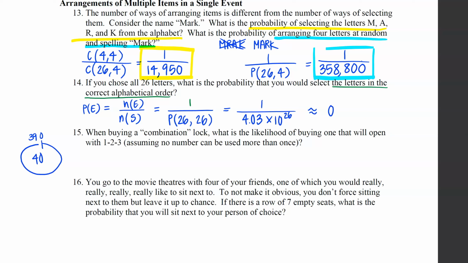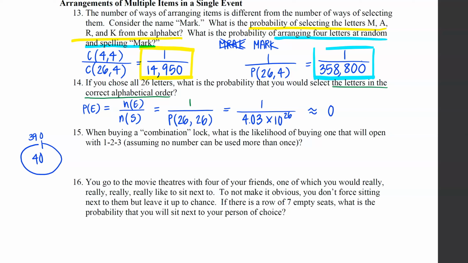Again, there are some combination locks that have very specific rules, such as you can't have all even numbers or odd numbers, etc. But we're just going to assume that for this particular problem, you just cannot use the same number more than one time. So you cannot have a combination lock like 1, 2, 1 or 1, 1, 1, etc.